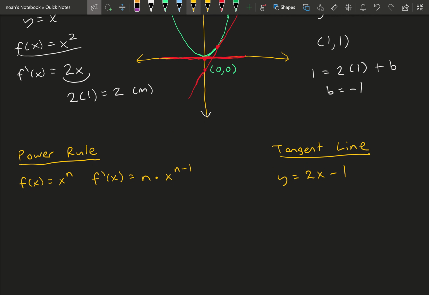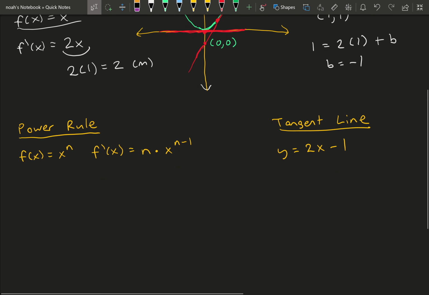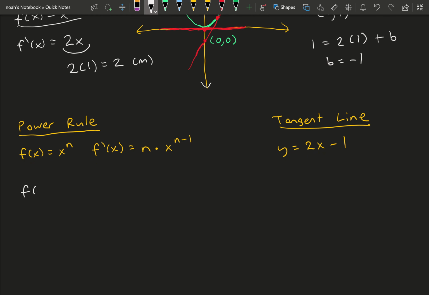Okay, another example using the power rule. We had a function that was, let's say, 5x cubed plus 4x minus 7.